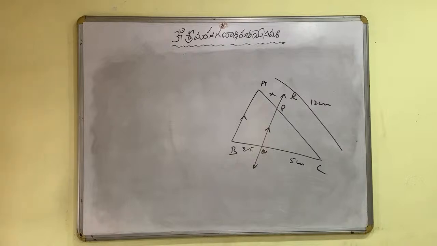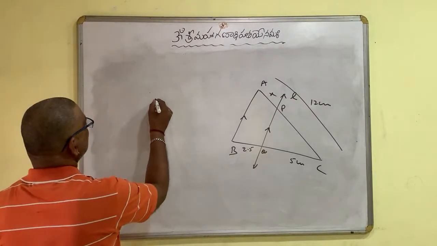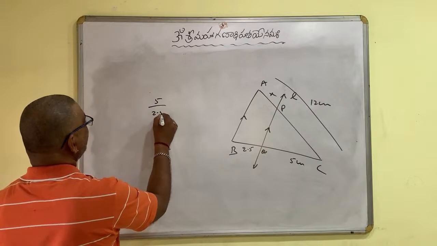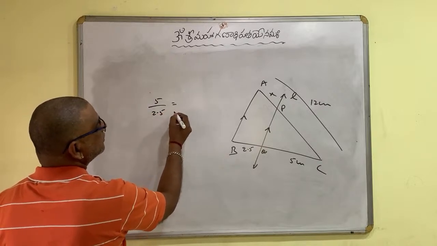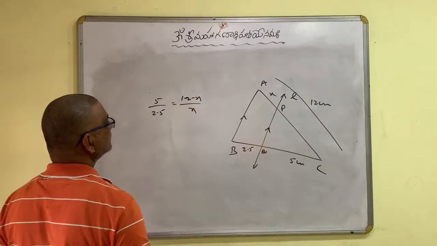Let me verify. 5 by 2.5 is equal to 12 minus x by x.